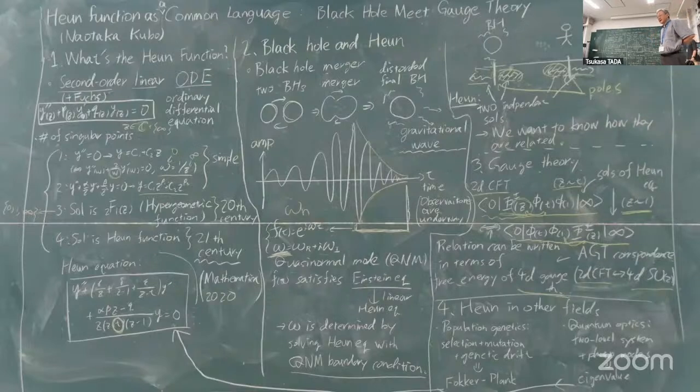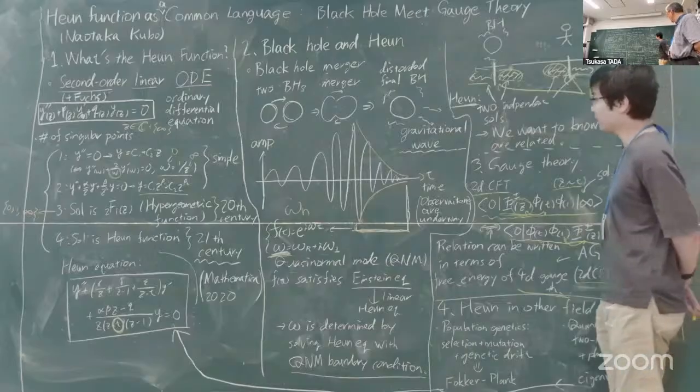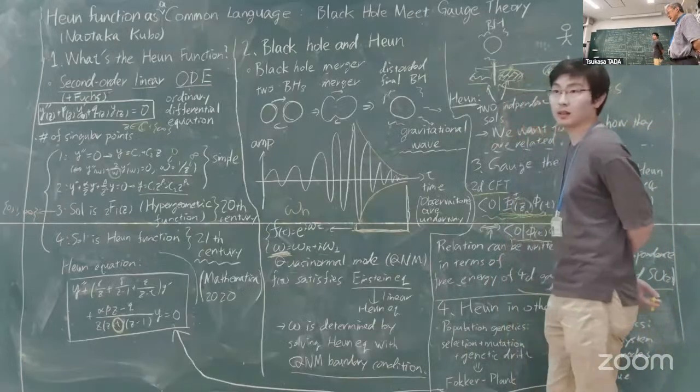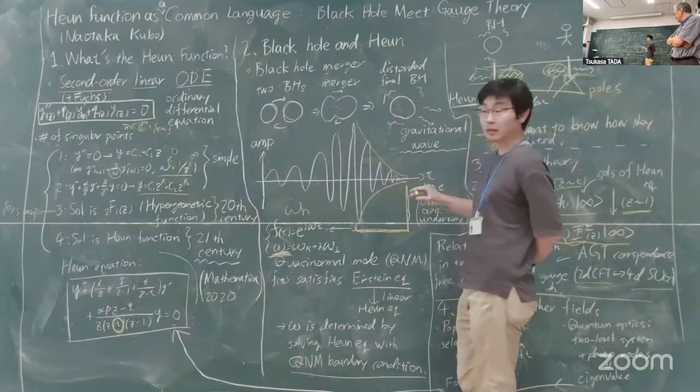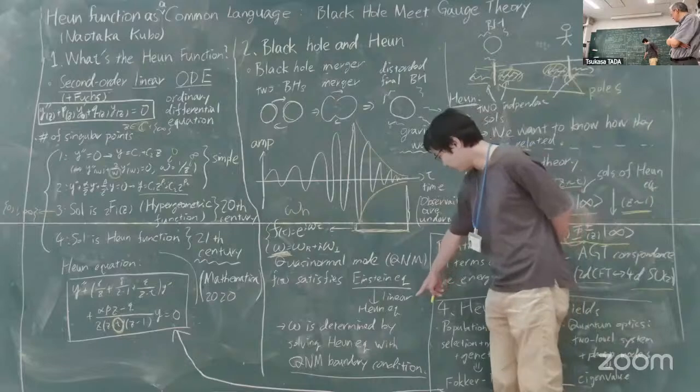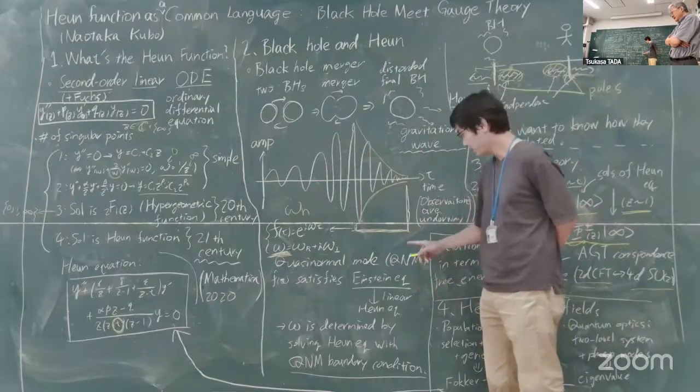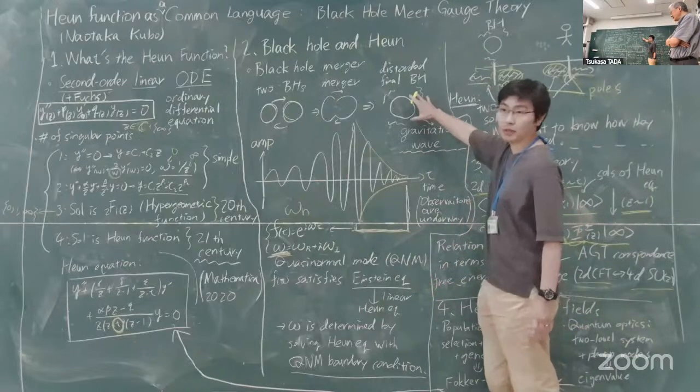I have 2 questions. One is, when you write down the Einstein equation for this two-black-hole rotating system, do you exactly get this Heun equation? No, precisely you get this. Actually, what we are doing is, at least, linearizing the Einstein equation around the black hole.